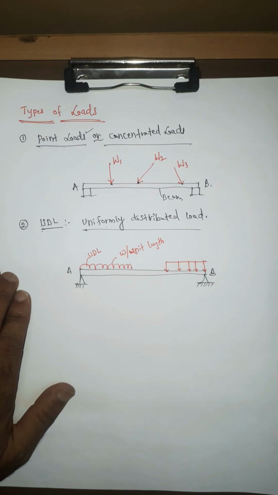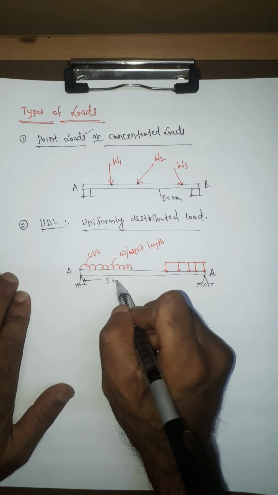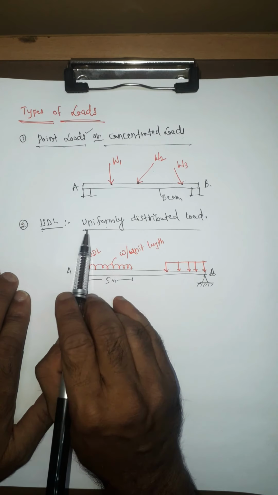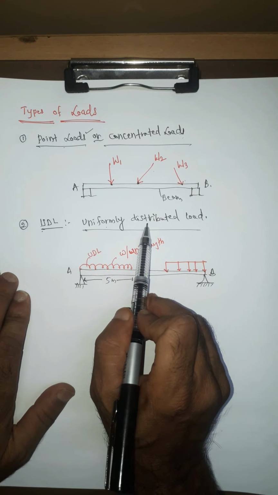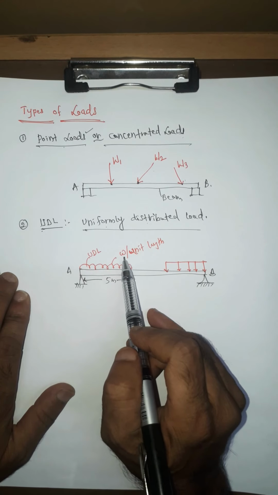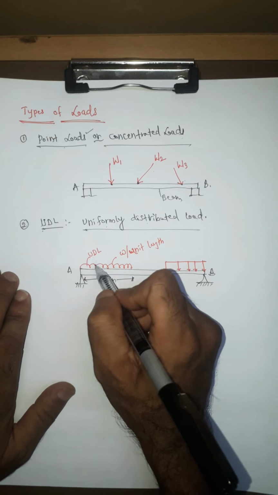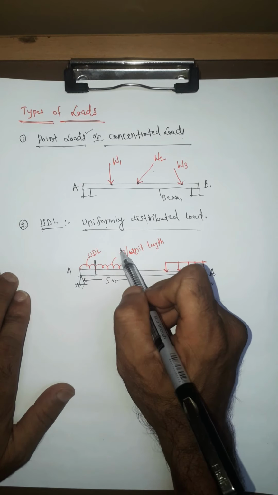Suppose it will be acting for 5 meter. Now this is called as UDL, uniformly distributed load. As the name indicates, the load will be uniformly distributed. Intensity is not going to change from point to point. If you take 1 meter, what will be the intensity? It is w.